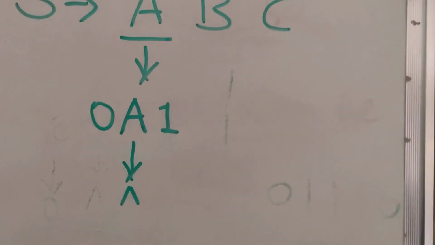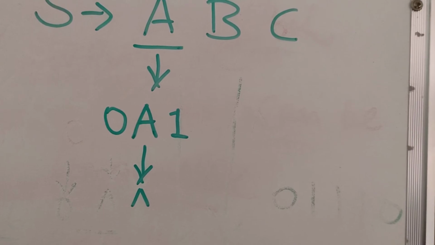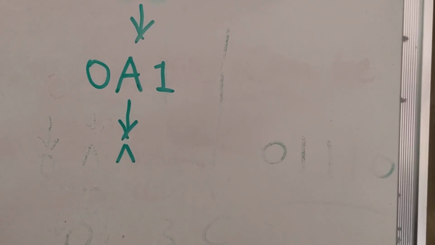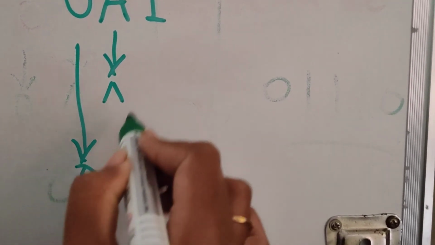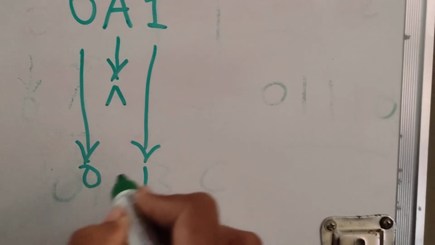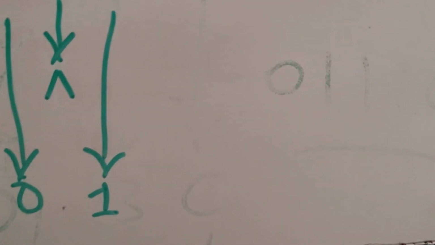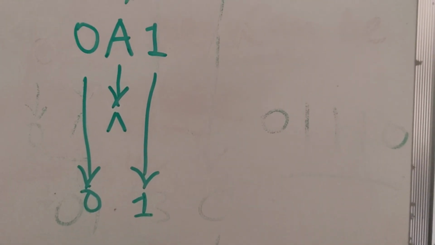So from 0 A 1, A is there, and from that we derive null. So at the end we will get 0 and then 1. After 0 and 1, as they are terminals, we can't derive anything further, right?